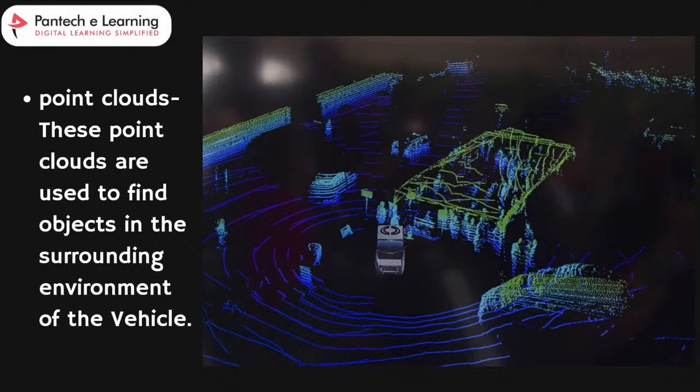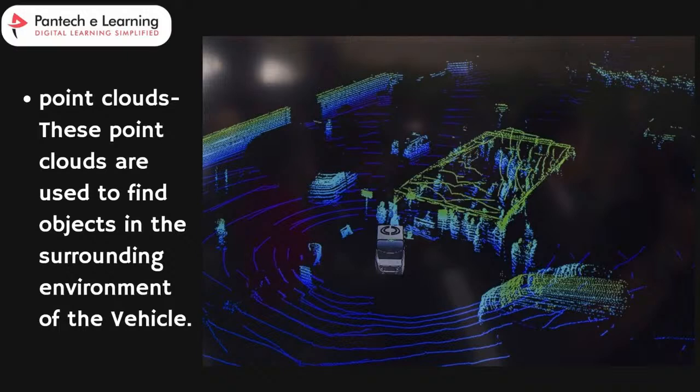They are created using technology like Lidar, which scans the area and records the distance to objects by measuring how long it takes for light to bounce back. These point clouds help the vehicle sensors detect and recognize objects like other cars, pedestrians and any obstacles. It's like having a detailed 3D map of everything around the vehicle.